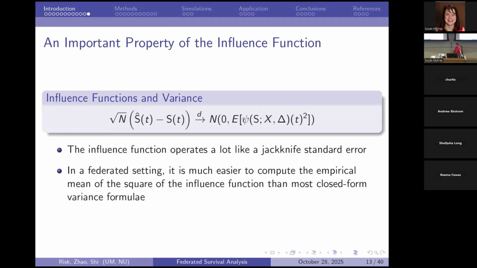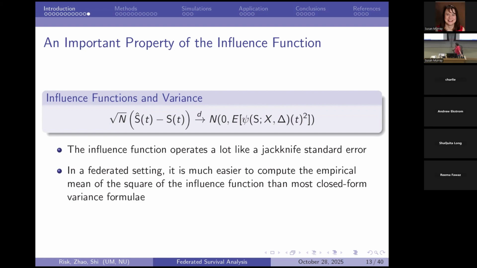Okay, so an important property of the influence function that we're going to exploit for inference later is that the variance of a survival probability estimate actually has a close relationship with the expectation of the squared value of the influence function.